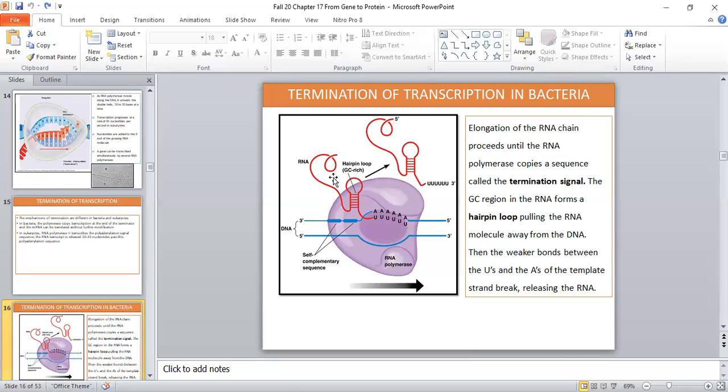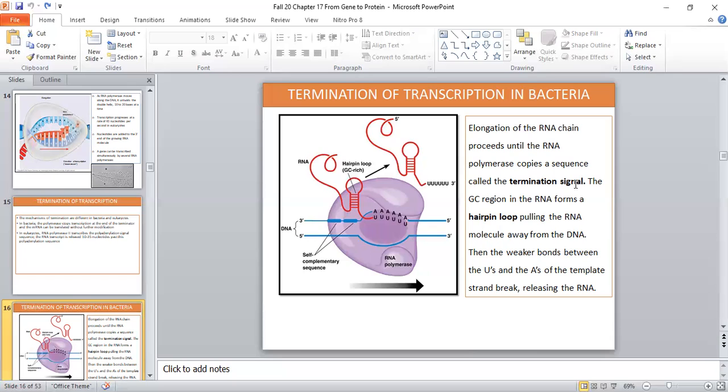Now, the point to remember is termination of transcription in bacteria, which is a little bit different. In eukaryotes, it is the poly A tail. In bacteria, elongation of the RNA chain proceeds until RNA polymerase copies a sequence called the termination signal.